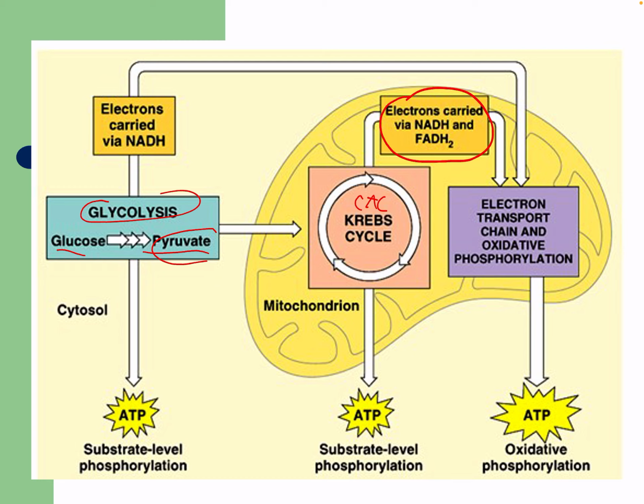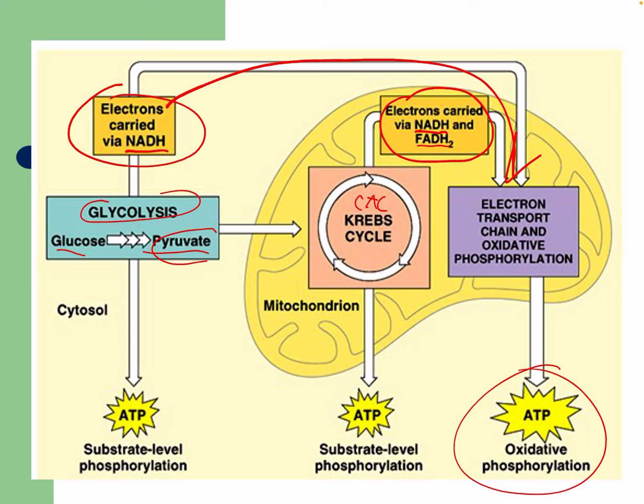So here we have our electron carriers, the 3 NADH and 1 FADH per 1 pyruvate. And we also have NADH produced in glycolysis. And then these are all moved into the electron transport chain and oxidative phosphorylation. And through oxidative phosphorylation, we form a lot of ATP.